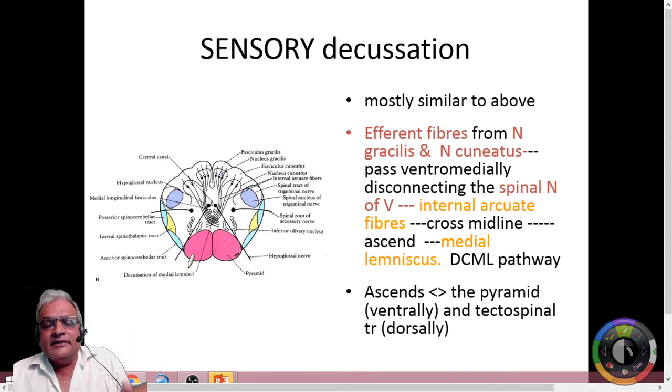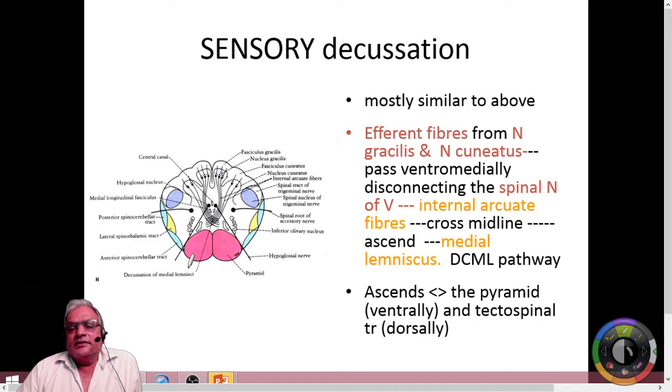But the slight differences are efferent fibers pass ventromedially, disconnecting the spinal nucleus of the trigeminal, as internal arcuate fibers. So these are called internal arcuate fibers, which cross over, and then they cross the midline and ascend as the medial lemniscus, forming what is called the dorsal column medial lemniscal pathway.